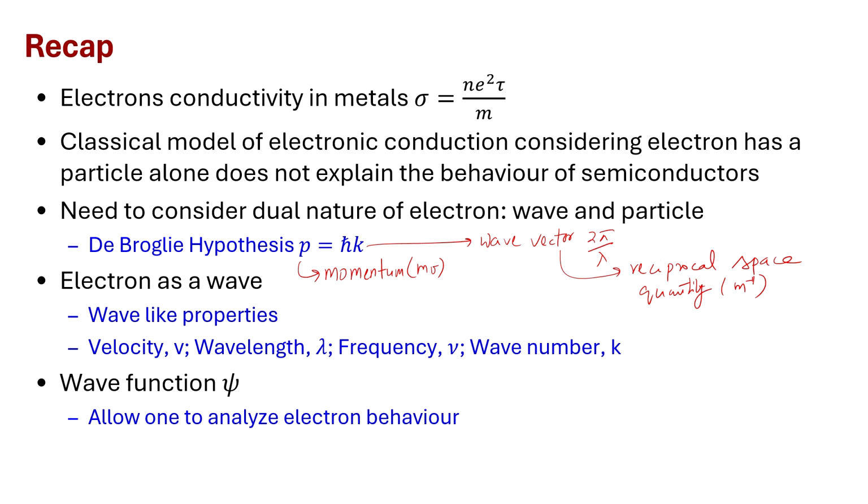Electron as a wave must have wave like properties such as wave velocity, wavelength, frequency, and wave number or wave vector, and this is characterized by a function called wave function, which can totally explain the electron's behavior, and the analysis of this wave function allows you to do certain calculations which can help one explain the electronic conduction in materials.